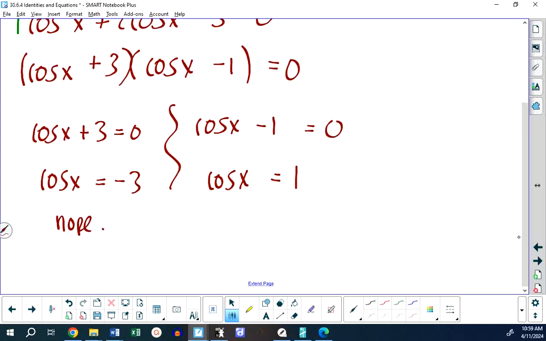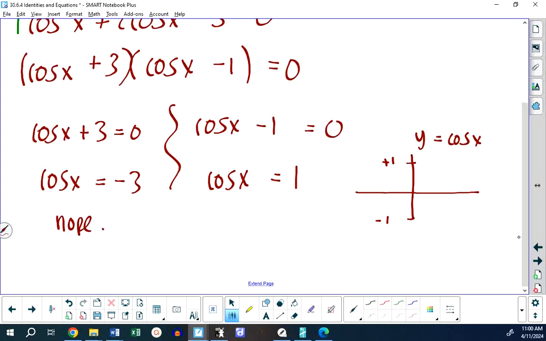One of the ways is to say that I know the graph of y equals cos of x oscillates up and down with a range from -1 to 1, so cosine of x will never be down at -3. Another way is to say that since cosine of x is the x coordinate on the unit circle, and the unit circle goes from -1 to 1 for x, then you will never get an x coordinate of -3.